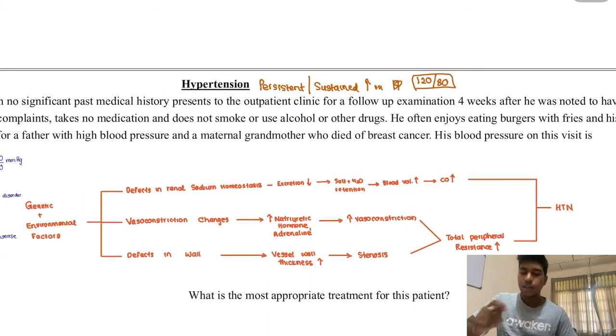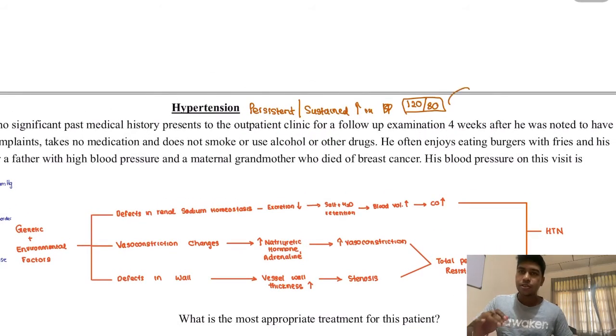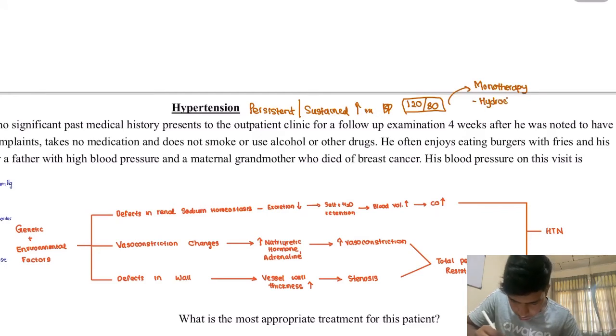And you go a third day, and your blood pressure is still greater than 120/80. That's when you say you have hypertension, and also you need to start therapy. You start with monotherapy. That is a single drug, such as hydrochlorothiazide.